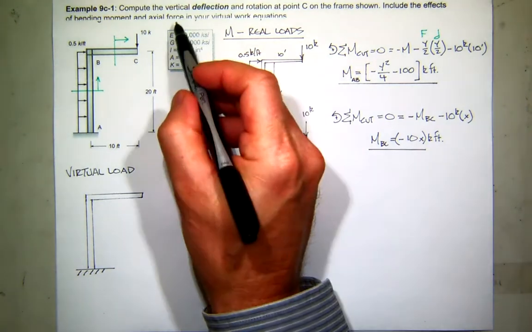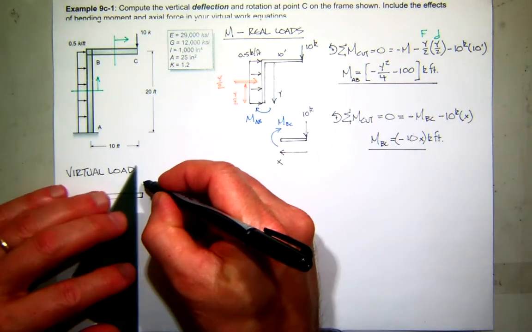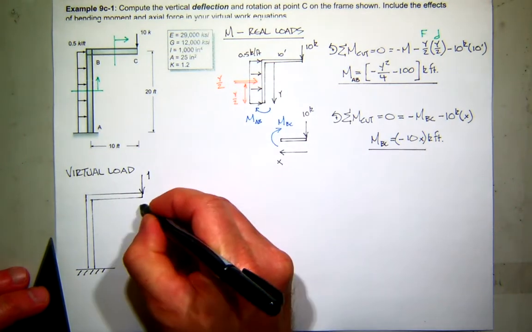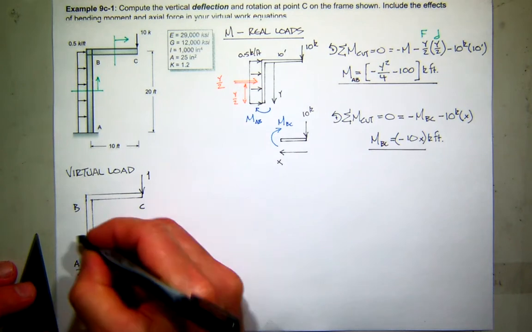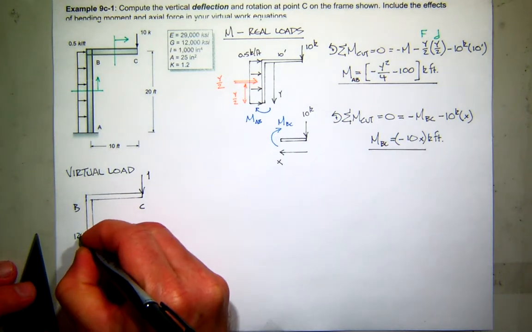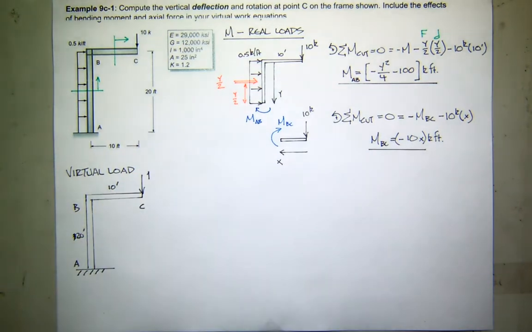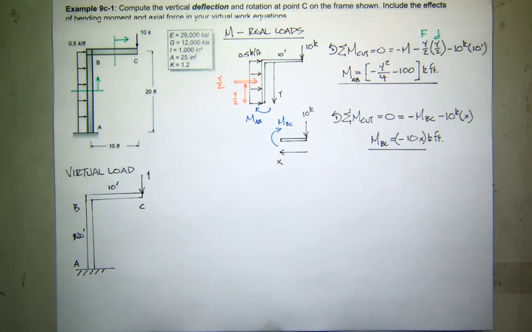And now, since I want the vertical displacement at C, I come to point C, and I apply my vertical unit load. And I'm assuming it's down, so I write it down.